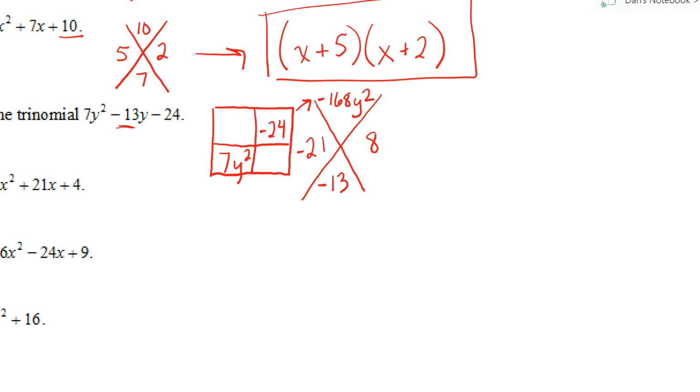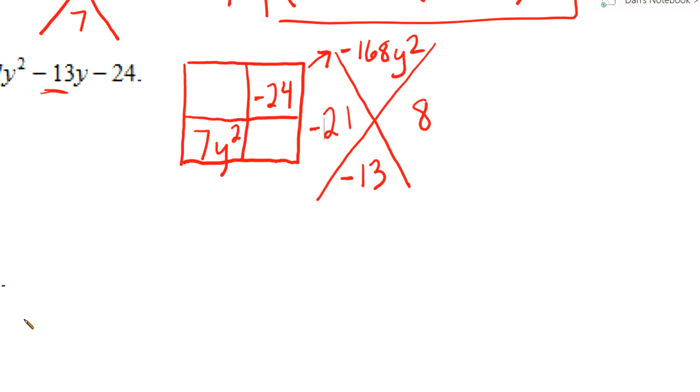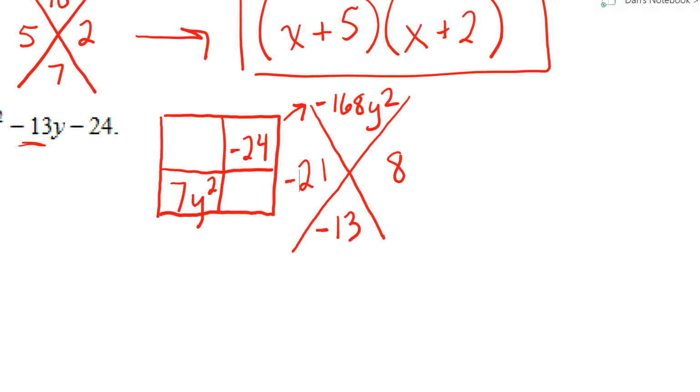So now we can go back to our area model here. That'll be a y and a y. So negative 21y, 8y. Right here, I know that a 7y can factor out of 7 and negative 21.